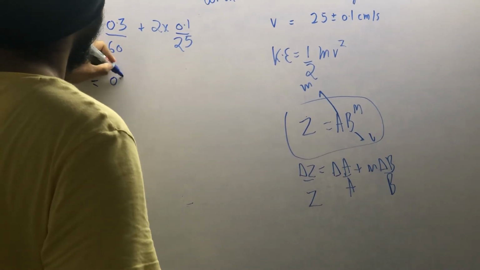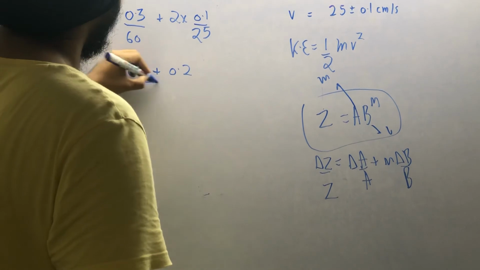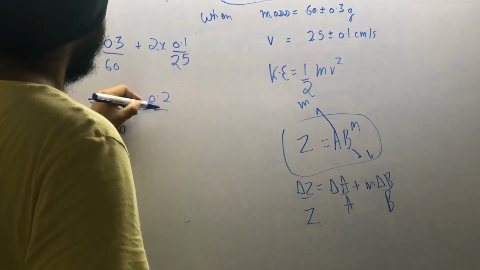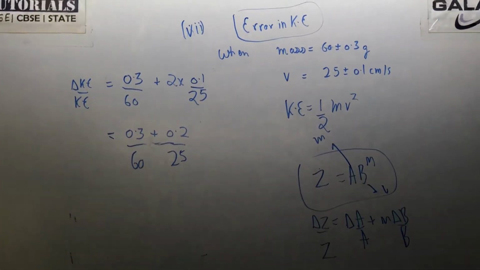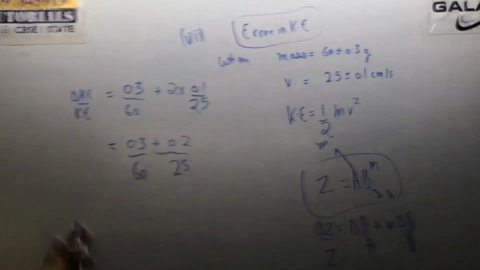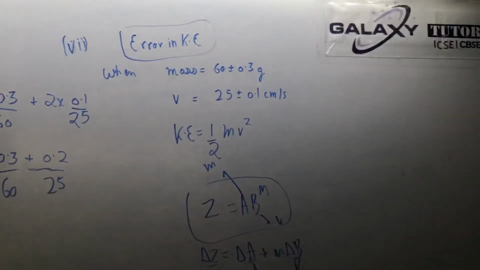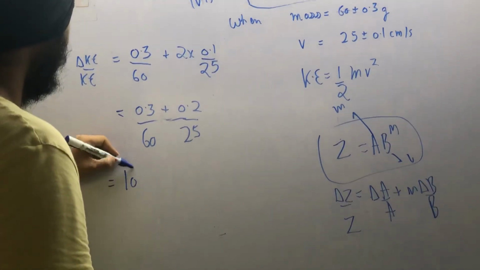So 0.3 upon 60 plus 0.2 upon 25. First of all, just take out 10 raised to the minus 1 common.